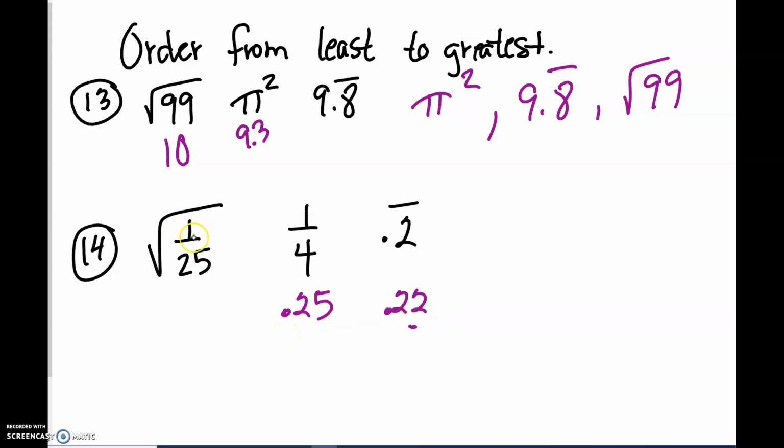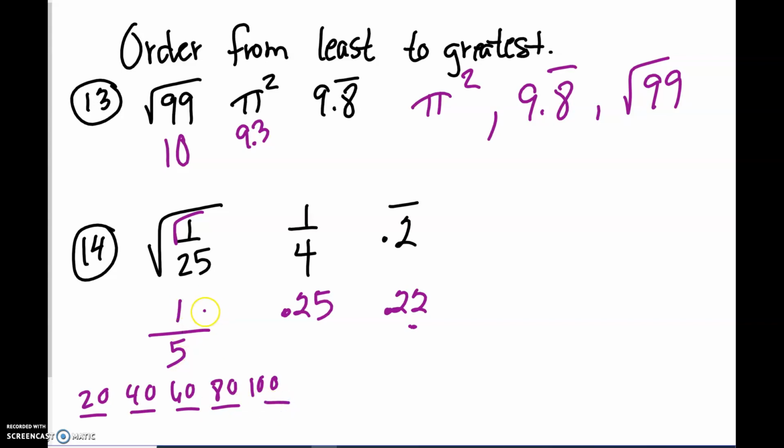Now let's see over here. The square root of 1, so if you do them individually, the square root of 1 is 1, and the square root of 25 is 5. So what is 1/5? We'll take 100 and divide it into 5. So if you count 20, 40, 60, 80, 100, that's dividing it into 1, 2, 3, 4, 5.